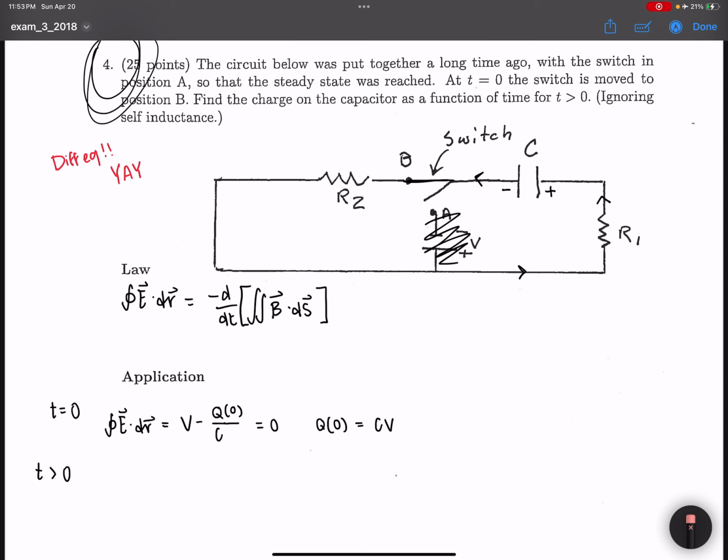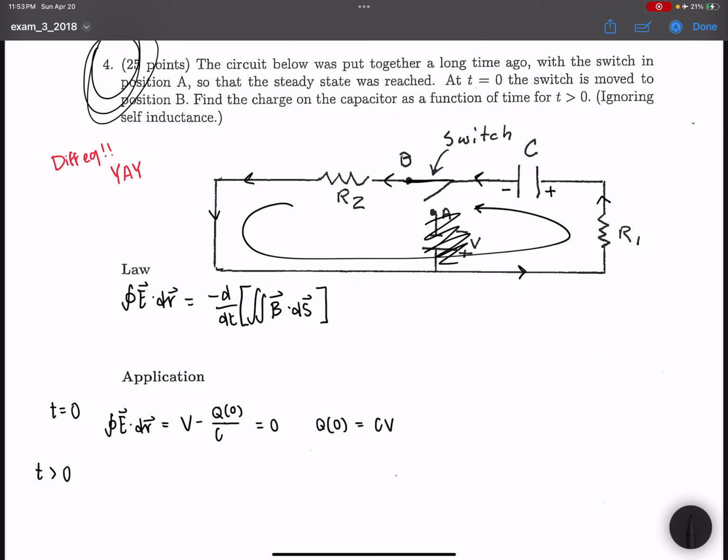So at time t equals 0, the switch is flipped to B, which gets rid of the battery, essentially. And now the charge is going to be coming off the positive plate of the capacitor. You want to draw the new current for our viewers back home?